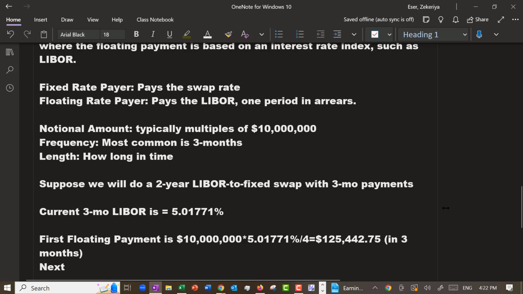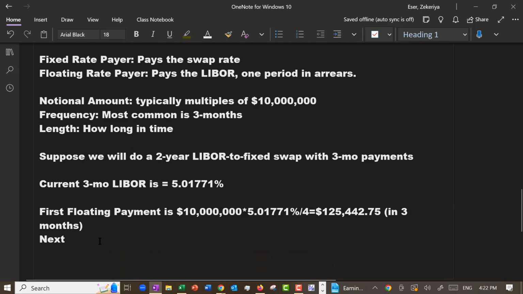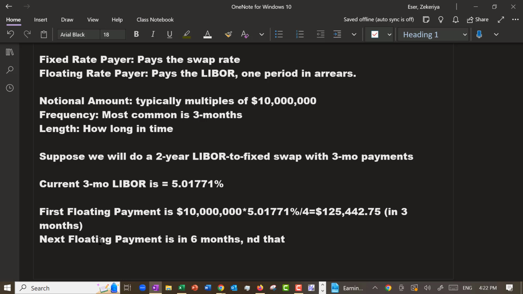The next floating payment is in 6 months, and that will be determined by the LIBOR rate 3 months from now. We don't know what it's going to be, but we know when we're going to check that.